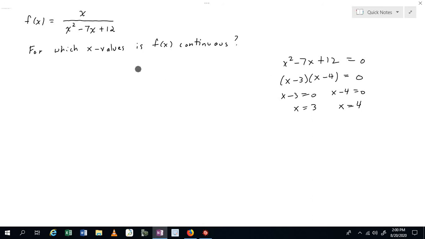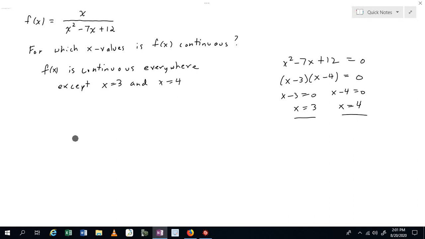And so according to the theorem, this rational function is continuous at all x values except for these two. Okay, and so we'll say f of x is continuous everywhere except at x equals 3 and x equals 4, by the previous theorem that we just looked at.